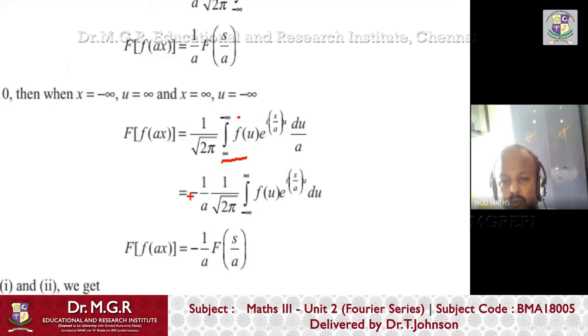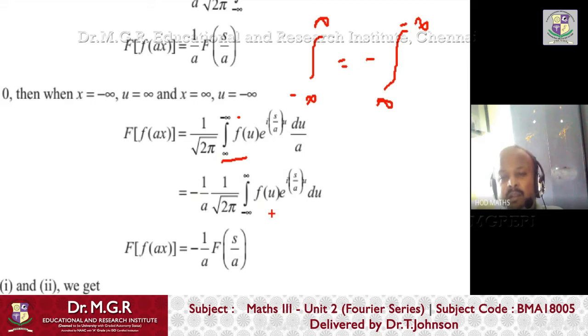What you have to do is take one minus sign outside. That is the property of integrals: if you inject a minus sign, then the limits change. It becomes plus infinity to minus infinity, and vice versa. So if you want to change the order of the limits, you have to inject one minus sign.